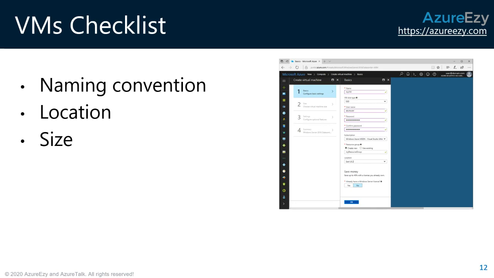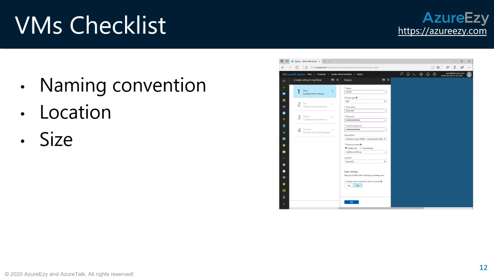But when you are talking about production, you have to keep in mind what size is best for you, so that you don't pay more, you don't pay less, and you don't select too small a resource for your application, so that your users always get errors and performance issues. Nor should you select an oversized resource.